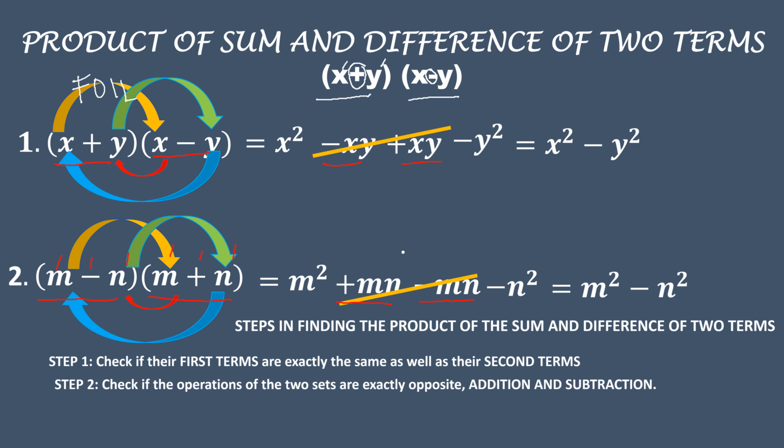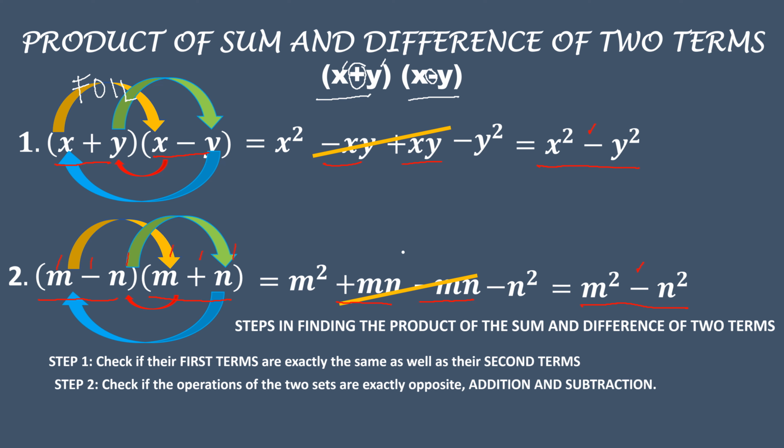Otherwise, we cannot obtain two terms in the product, and we cannot obtain a minus as the middle sign, or the middle operation, of the two terms in the product. So again, step 2: check if the operations of the two sets are exactly opposite. Are they addition and subtraction? So we have number 1, x plus y and x minus y.